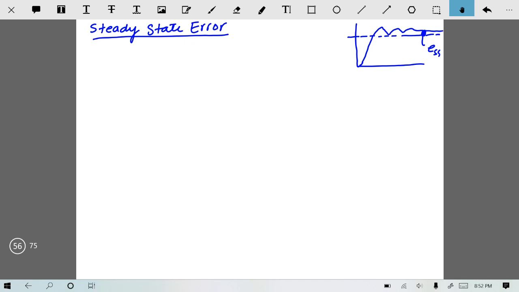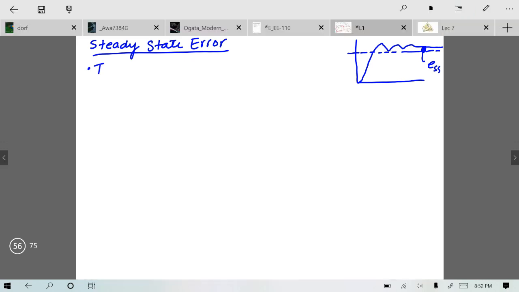For that, I would like to introduce another term, which is a test input. This term is very important when you are going to evaluate the performance of a system, because every system is designed for its own circumstances, its own purpose, its own type of input.